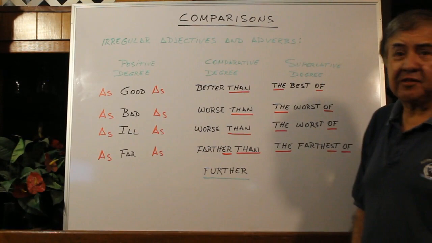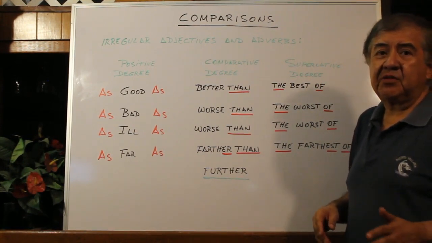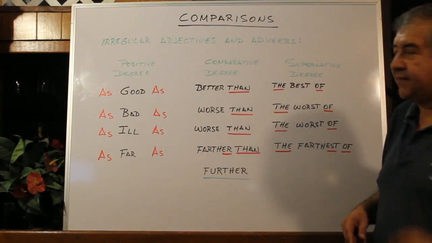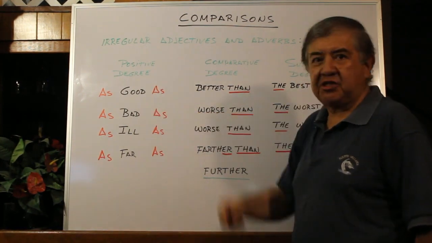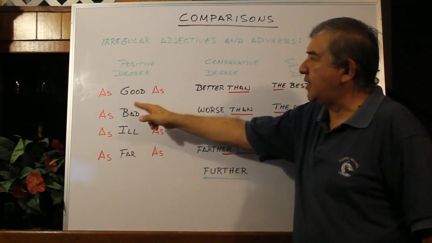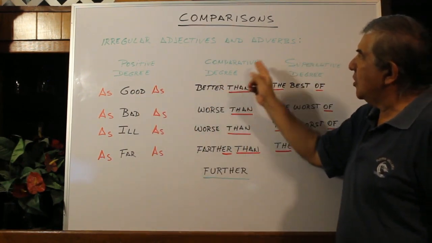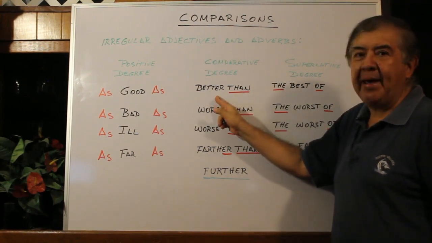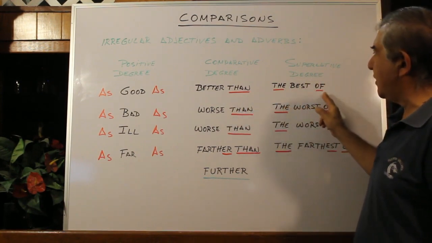In the comparisons, we have to be careful when we use adjectives or adverbs which are irregular. Why? Let's see. When we have the positive degree, we have the adjective good. Here, in the positive degree, there's no problem, as good as. But when we change good to the comparative degree, we have to say better than, and the superlative degree is the best of.